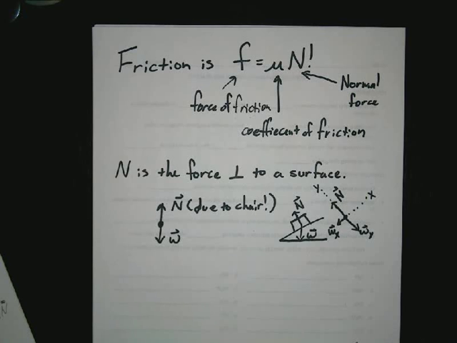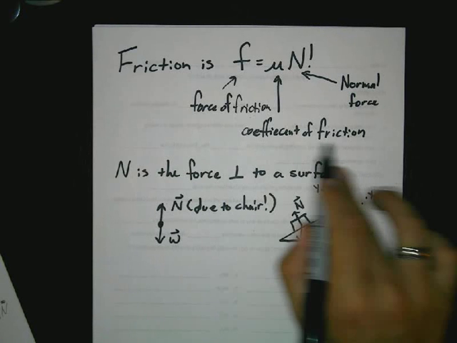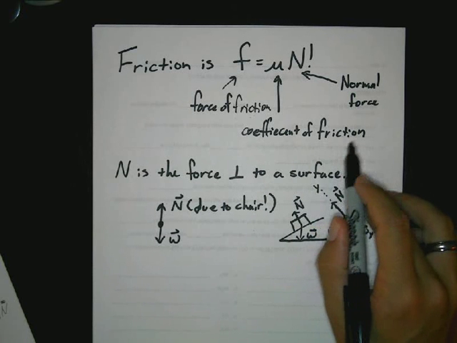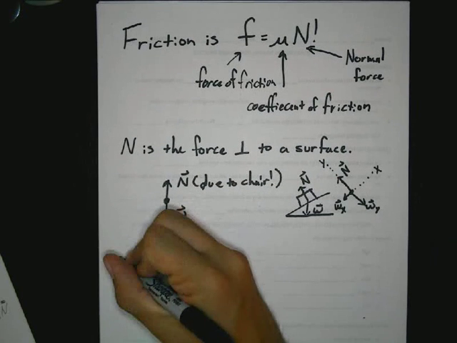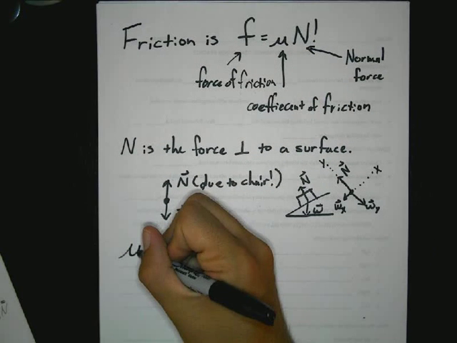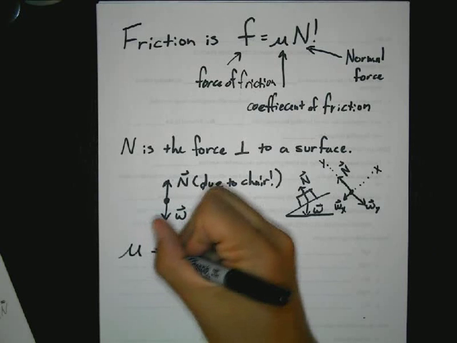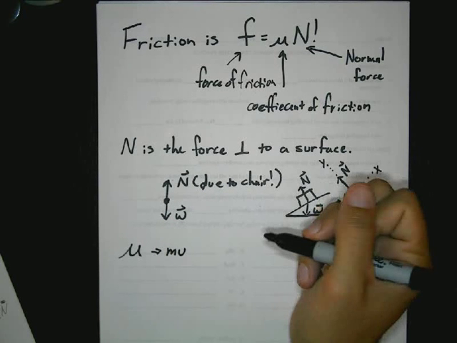So the next part of our equation is the coefficient of friction here. It is dimensionless. So this is the Greek letter mu. That's mu and mu.